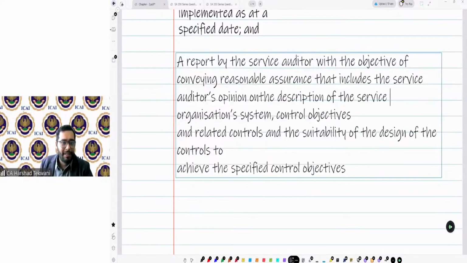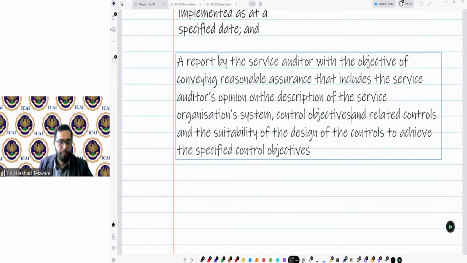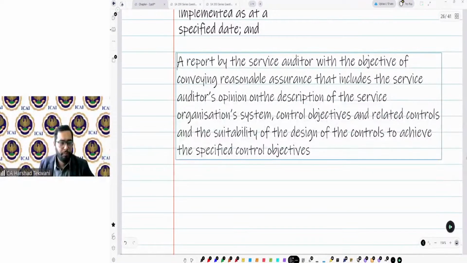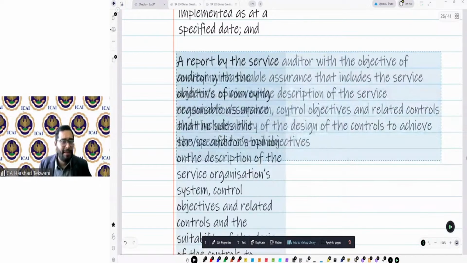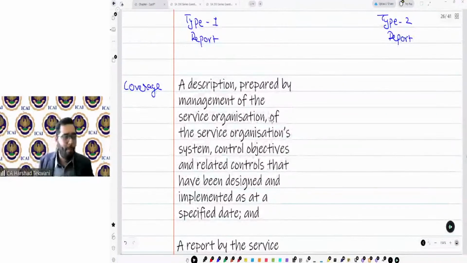So they talk about the design of those particular controls. Two things: one, the description; second, the design. That is the coverage of type 1 report.